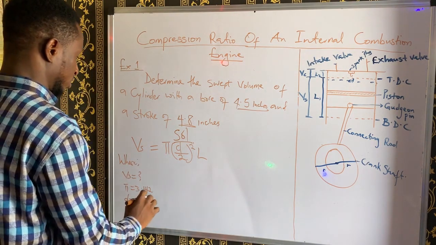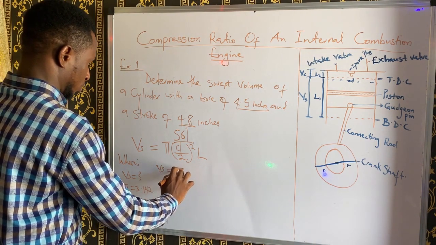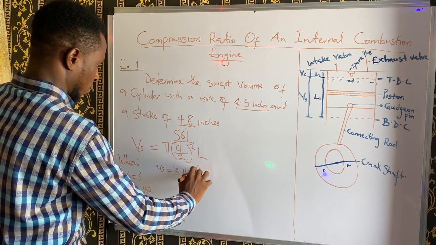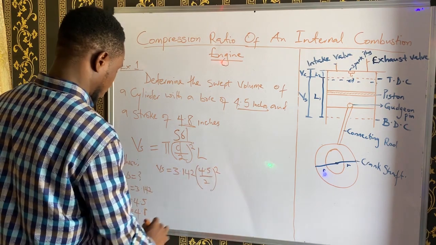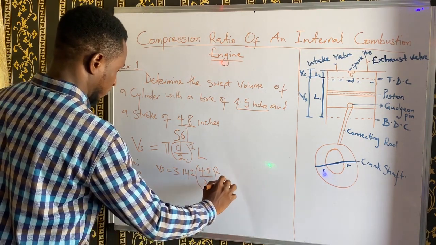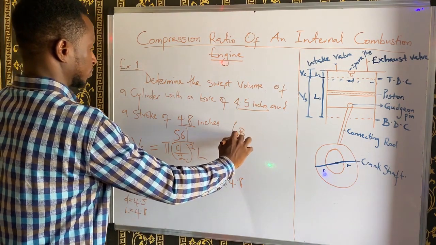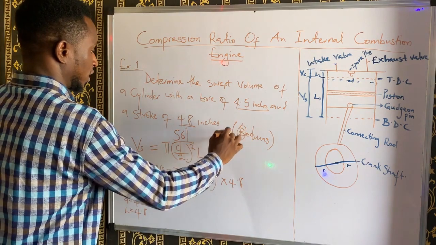So let's input that into this. We have Vs equals 3.142 into the bracket of 4.5 divided by 2, all squared, multiplied by 4.8. Now we want to apply BODMAS. It says that we have to treat the one in the bracket first.